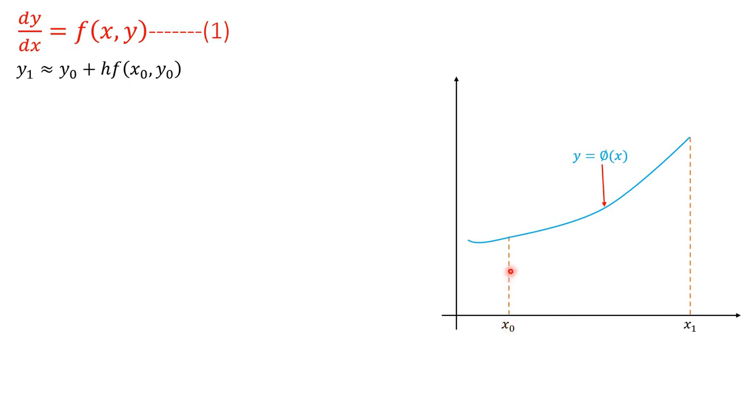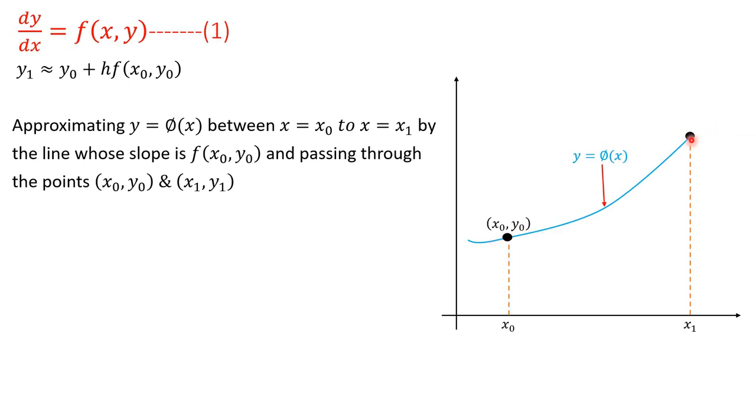This vertical line, x equal to x naught, will cut this curve at this point. So this height is nothing but y naught, and our aim is to find at what height the line x equal to x1 will cut this curve. So this point is x naught, y naught, and you have to find this height.